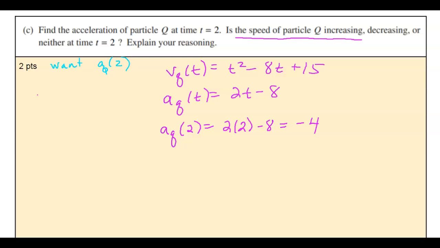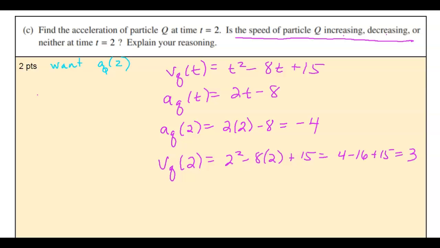So is the speed of the particle increasing, decreasing, or neither? What we want to do is compare velocity and acceleration. I know the acceleration at 2 is negative, but what's the velocity? Velocity of 2 is 2 squared minus 8 times 2 plus 15. 4 minus 16 plus 15, so 19 minus 16, so I get 3. Remember, we want to compare.